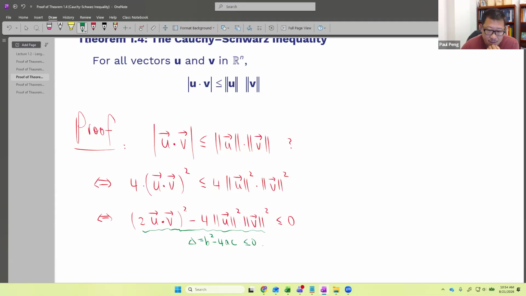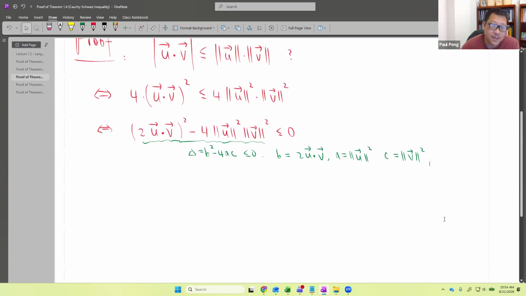So what is b? We put a, b and c: b will be 2 u dot v, and a and c will be the squared lengths. Now we set up: is b squared minus 4ac less than or equal to 0? That means the quadratic.